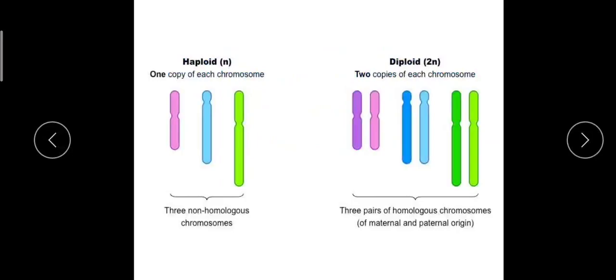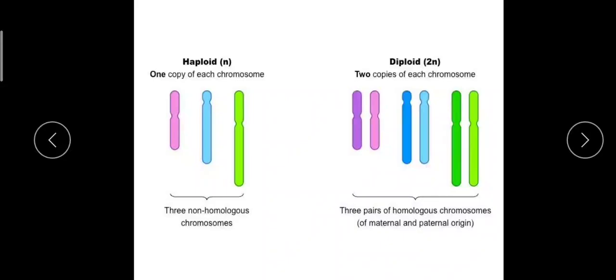With the help of this figure, you will be able to clearly distinguish between haploid and diploid chromosome number. So here, this is a diploid case.